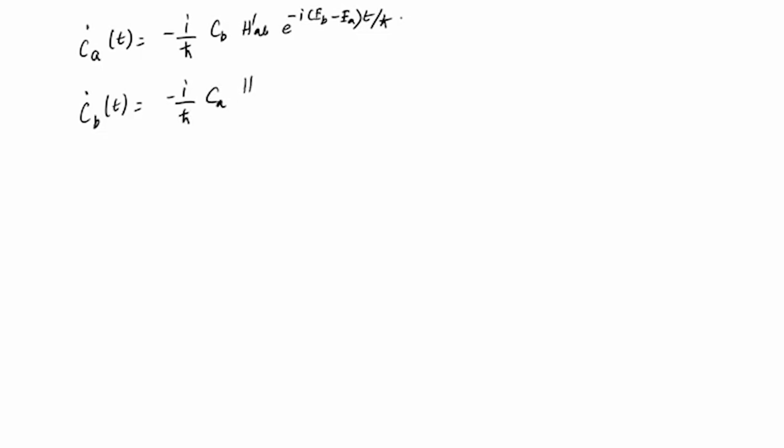It is like C A dot, this is equal to minus i over h cross C B H prime A B exponential minus i (E B minus E A) t by h cross, and also you have C B dot, which is equal to minus i over h cross C A H prime B A exponential minus i (E A minus E B) t over h cross.